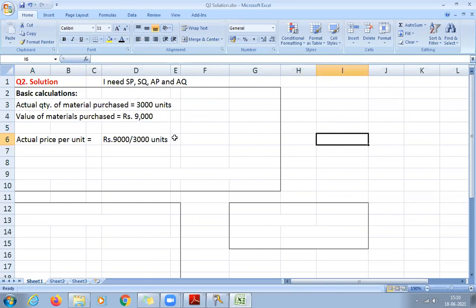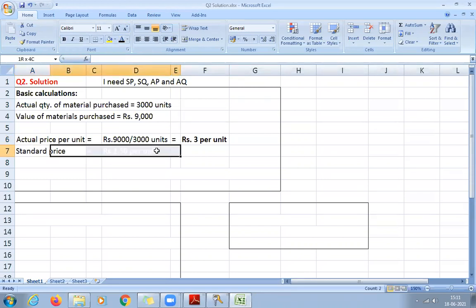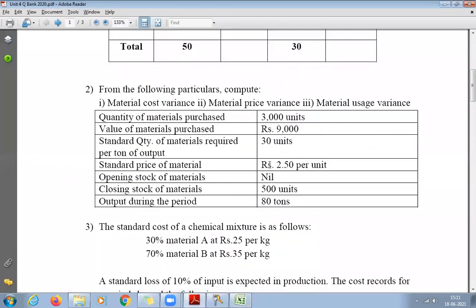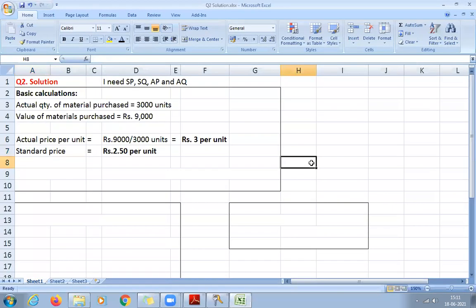We get 3 rupees. And is the standard price given? Yes, given directly, 2.5. You can see here it is given. So I got the actual price and the standard price.